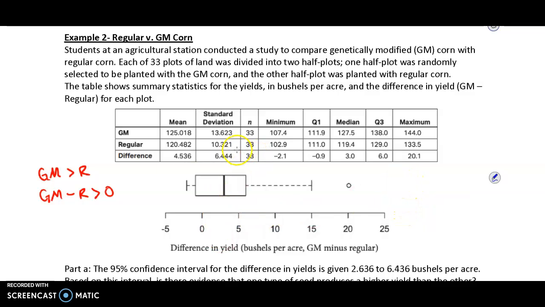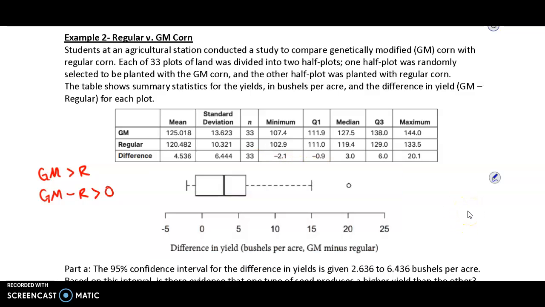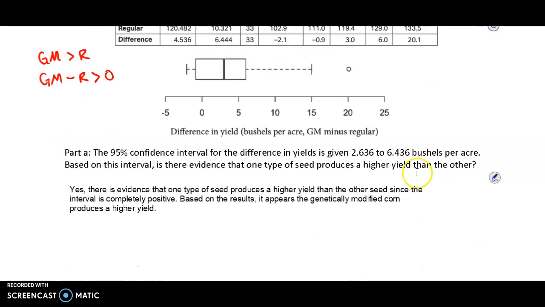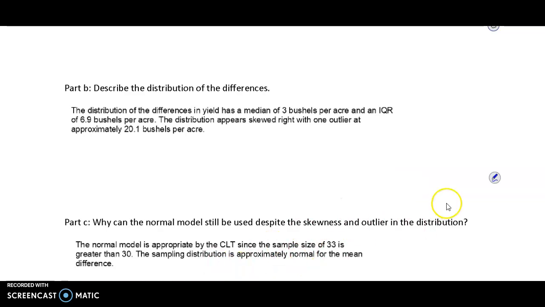Well, I look here, 33 is larger than 30, so the central limit theorem applies, and now the sampling distribution of the average difference is approximately normal due to the large sample size. So even though I do have some skewness and an outlier in my sample display, that is outweighed by the fact that the central limit theorem will guarantee that our sampling distribution is going to be approximately normal.